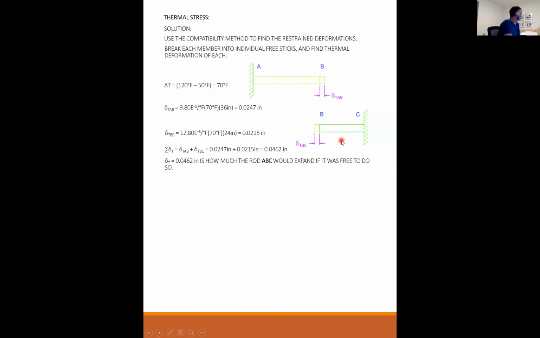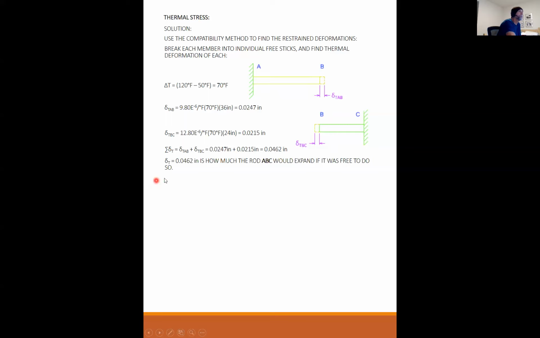So they're not going to squish and cancel each other out equally. One of them is going to squish, that's a technical term, a little bit more, and the other one's going to squish a little bit less. So node B is not going to end up exactly where it started from. It's going to move a little bit. But yes, the rod is going to basically squish into each other.